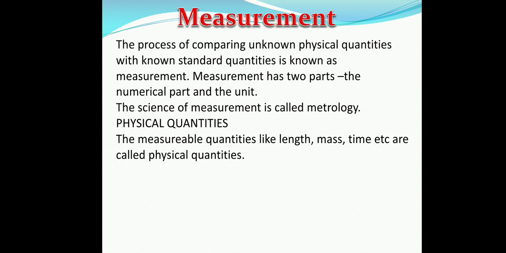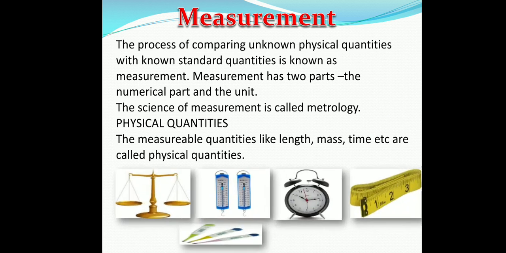For example, the mass of rice is measured by using a beam balance. The volume of milk is measured in liters, and the length of clothes is measured in meters. So in this way, the shopkeepers measure the things and sell them.